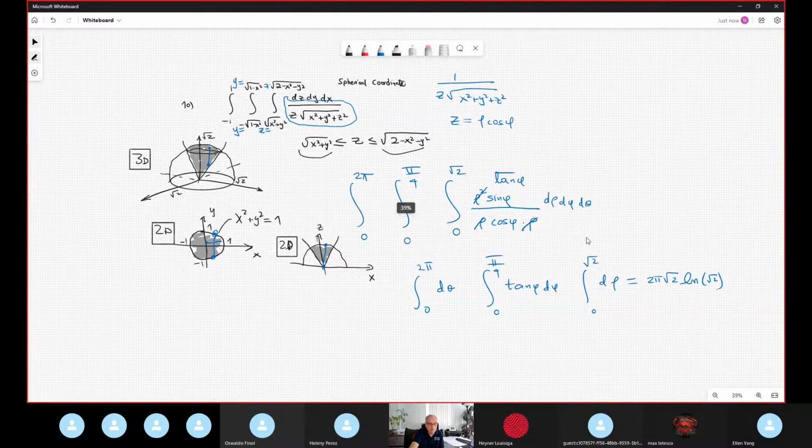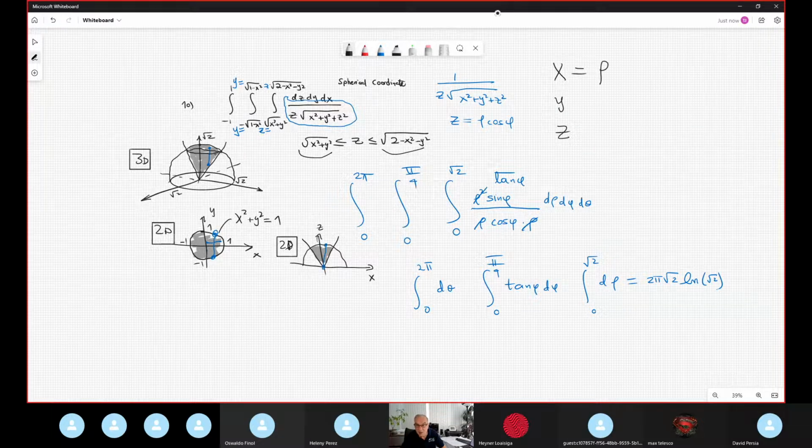So how did we convert the 1 over z square root of x squared plus y squared plus z squared? How do we convert that, using the formulas? What formula? The formula of x, y, and z?